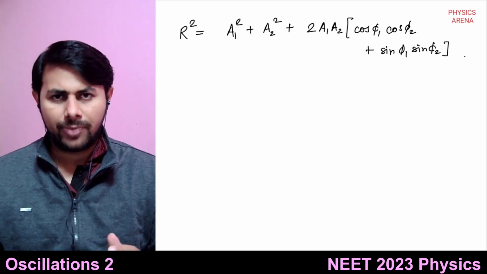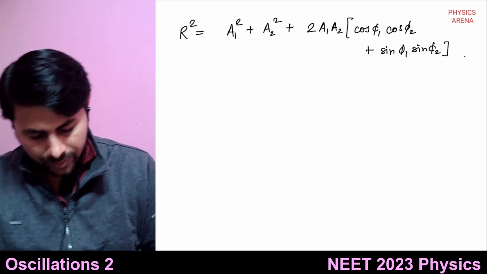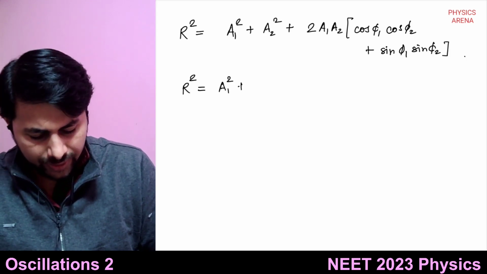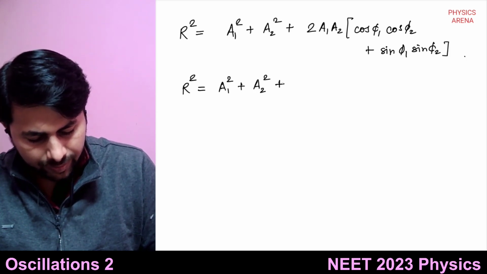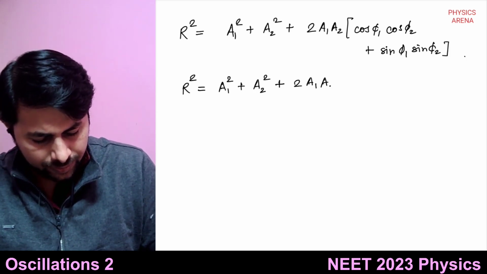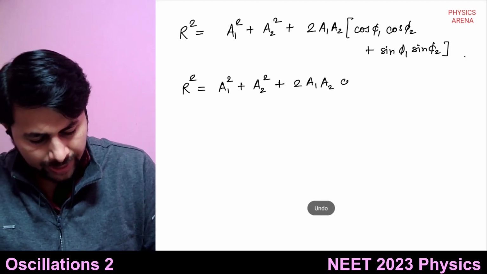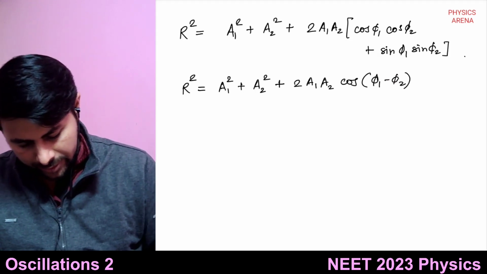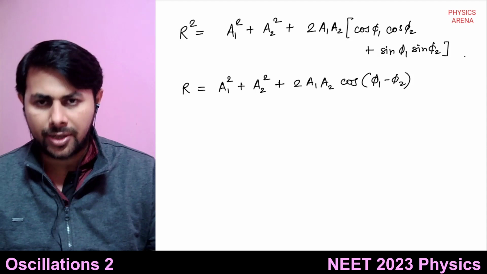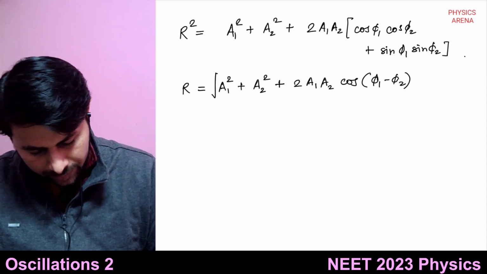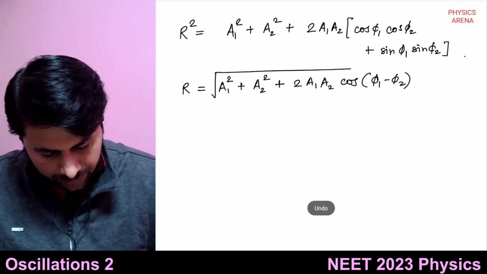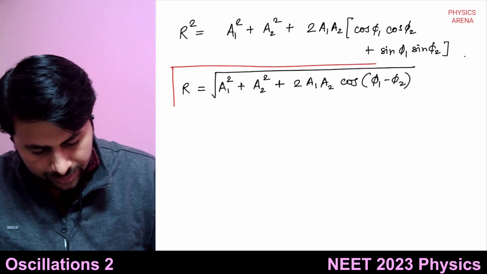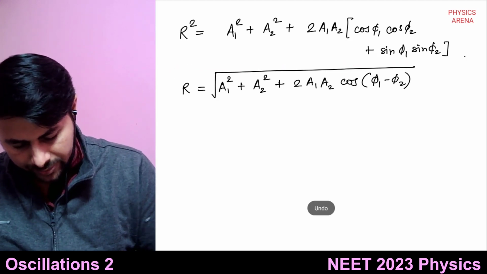So it is cos of phi 1 minus phi 2. So you get R square equals A1 square plus A2 square plus 2 times A1 A2 multiplied by cos of phi 1 minus phi 2, and therefore R is equal to what? Square root of that. So we got this expression for R.